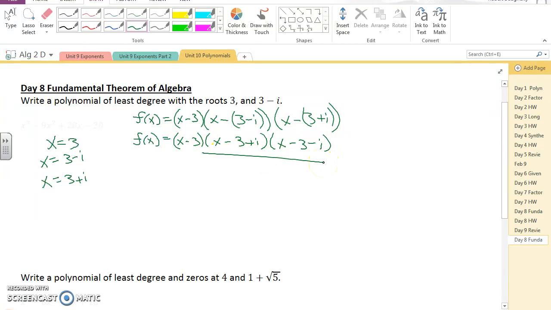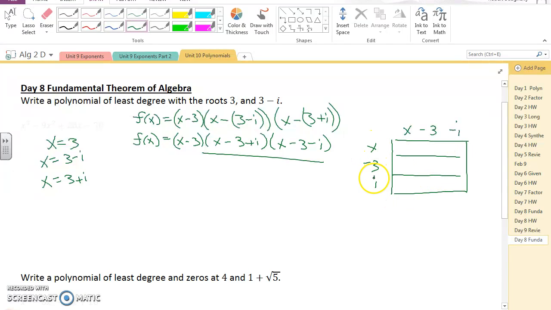The whole reason we're doing this is those will multiply so that I'll get no i. So everything will be real numbers. So it's just a matter of being organized to do that multiplication. So I'm going to write x minus 3 minus i, that's being multiplied by x minus 3 plus i. So every term is multiplied. 3 things are multiplied by 3 things. I have 9 things here.